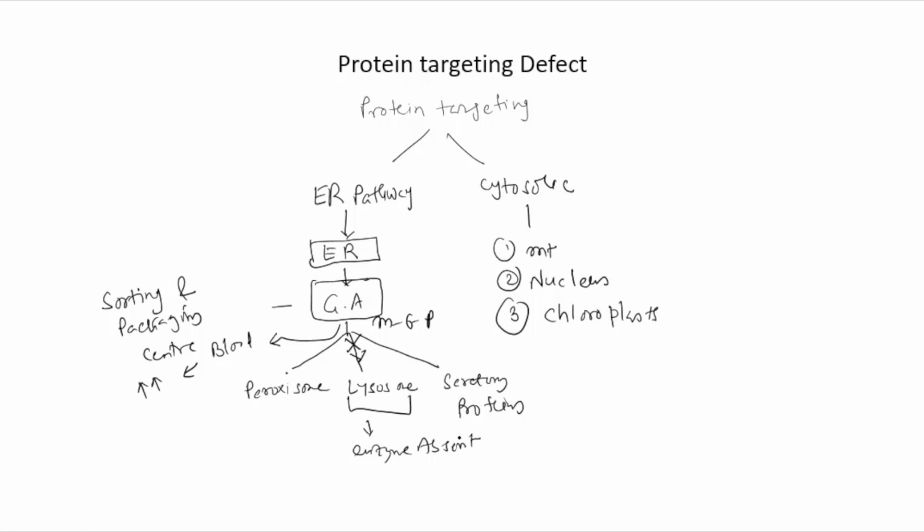Because of the enzymes being absent, the lysosome will not be able to degrade various types of substances that cells engulf. As a result, these substances will accumulate inside the cell. The lysosome will swell, and this will form inclusions inside the cell. That's why the name of the disease is I-cell disease.